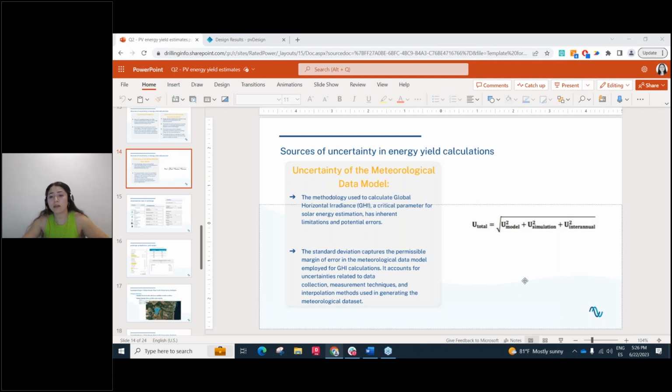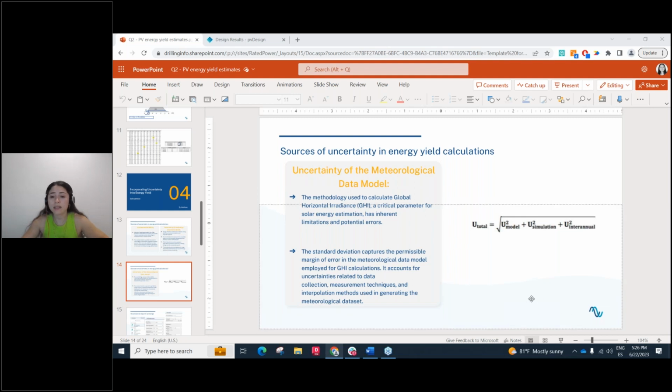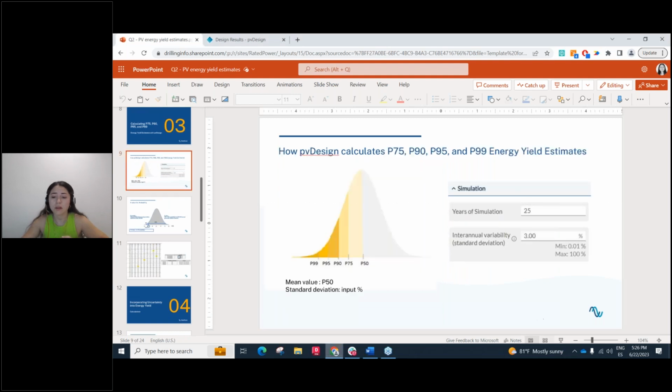In pvDesign, the standard deviation that we enter already has this formula calculated. So when you enter the interannual variability, it's not only one uncertainty, but all the uncertainties encompassed there. If you change this percentage, it will impact all the other uncertainties.